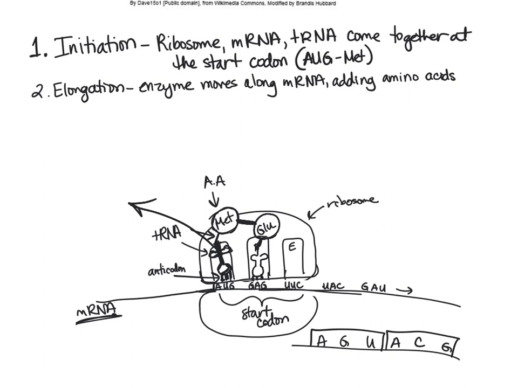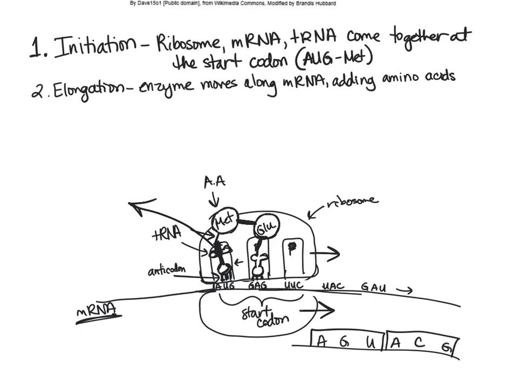The glutamic acid is still attached to this tRNA that is still bound to the GAG codon. But then this whole ribosome is going to move down, so that now this tRNA that has the glutamic acid attached to it is going to be in the A spot. And then what's open next would be the P spot.